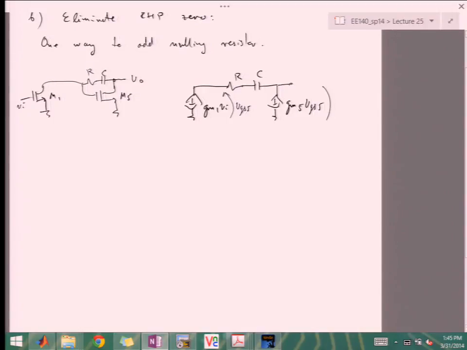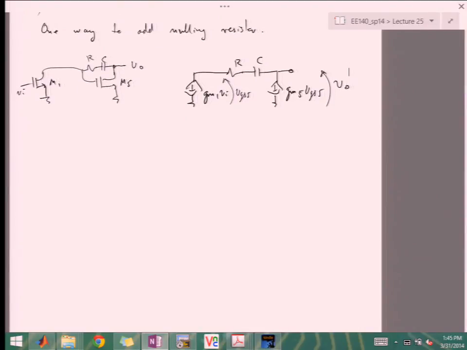And this is V out. I'm ignoring here the output transimpedance, RO2, RO1, and RO5, simply because they don't actually matter for this analysis.